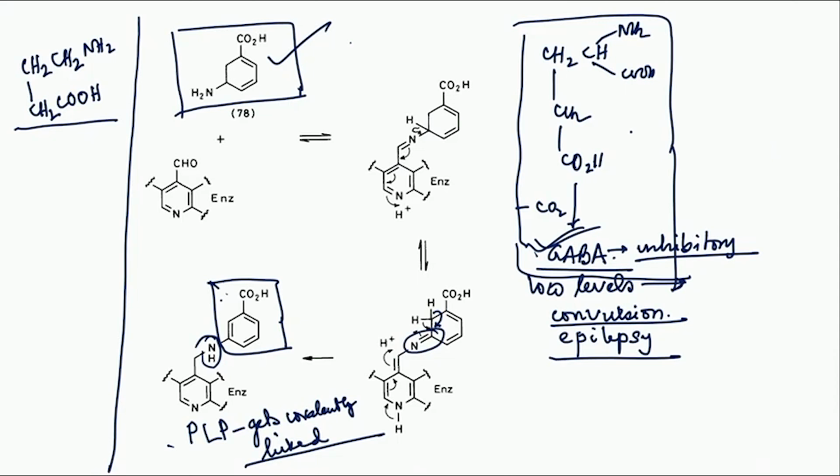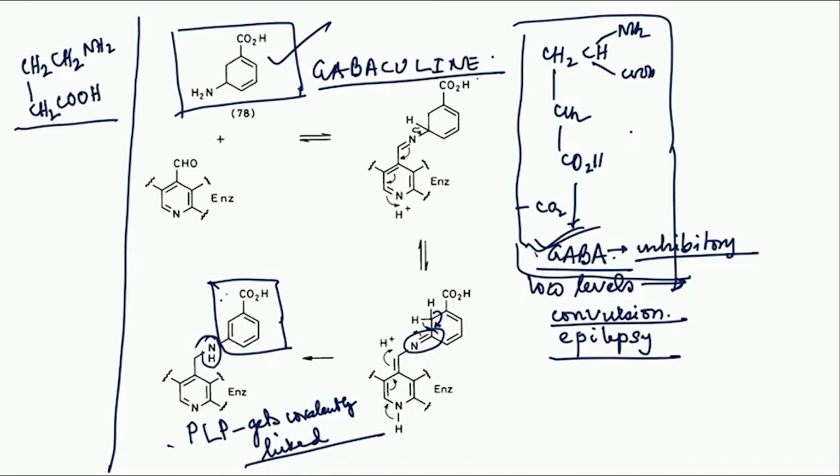This is gamma phenyl GABA, we have said, and the other compound, the normal substrate gamma phenyl GABA, is gabaculine. The commercial name is gabaculine. These two compounds are used as drugs to treat epilepsy.